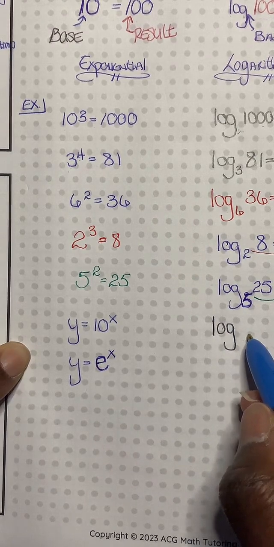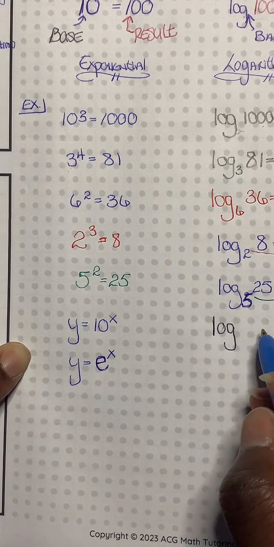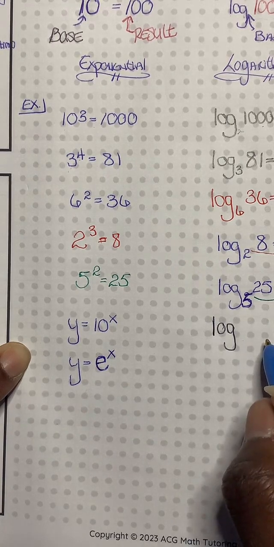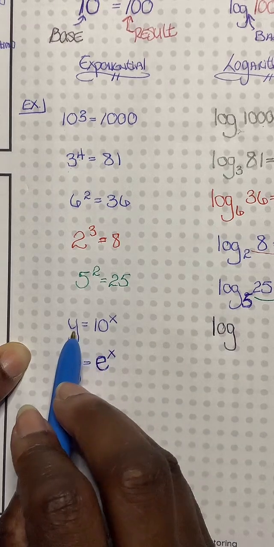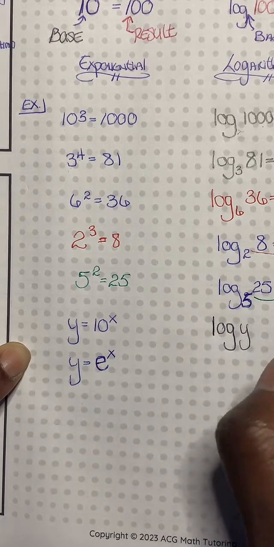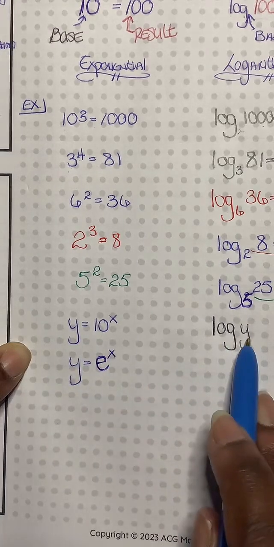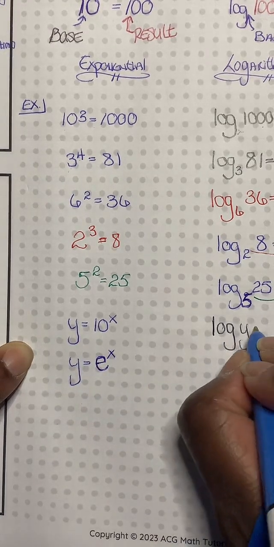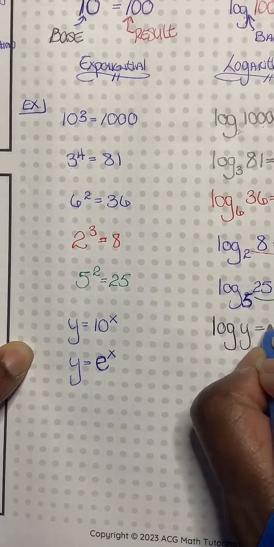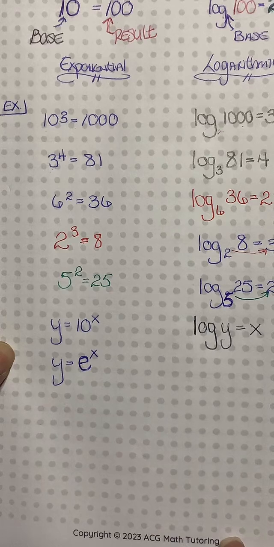Now, what is the result? What is this equal to? There we go. Good job, gents. Okay, so it's equal to my result, which is y. Okay, so my base is 10, my result is y, and it's going to equal the exponent, which is x.